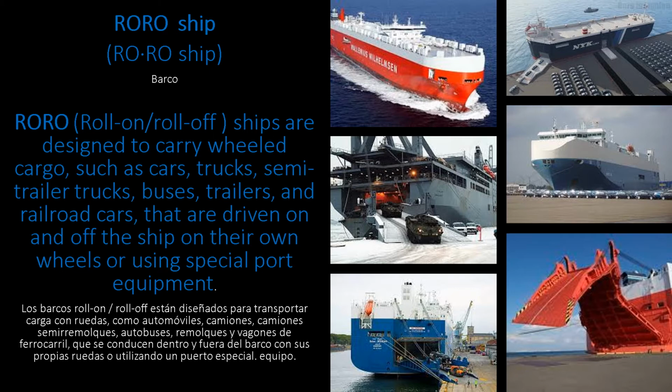Ro-ro, roll-on, roll-off ships are designed to carry wheeled cargo such as cars, trucks, semi-trailer trucks, buses, trailers, and railroad cars that are driven on and off the ship on their own wheels or using special port equipment.